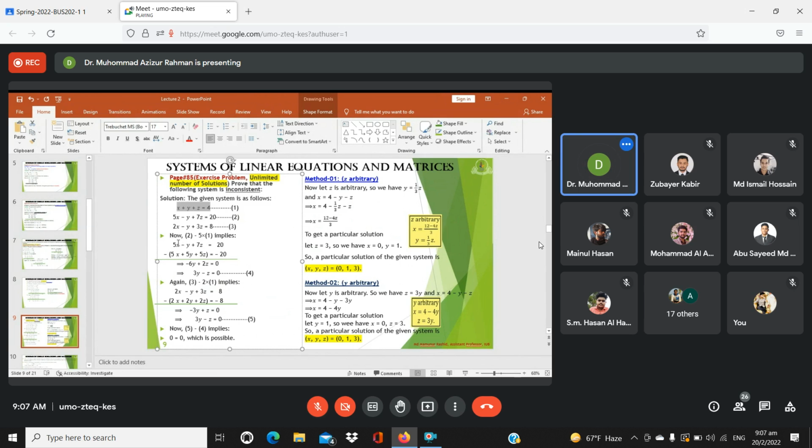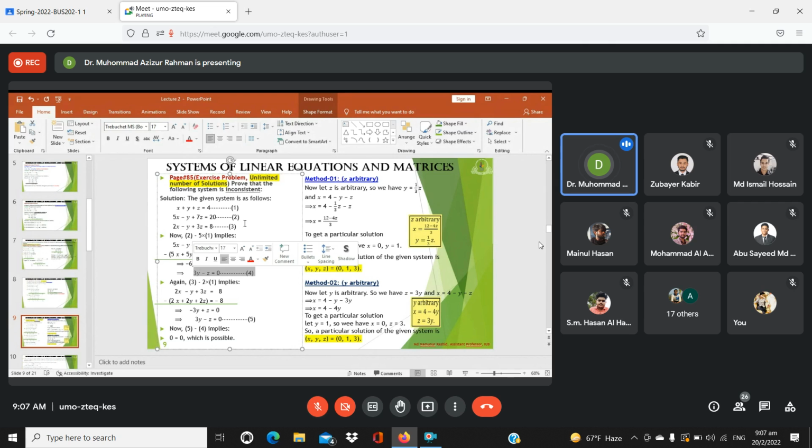That means x is cancelled, we are getting minus 6y, we are getting 2z equals to 0. So we simplify it, we divide by minus 2, that means we get 3y minus z equals to 0. So this is one equation. We found equation number 4.